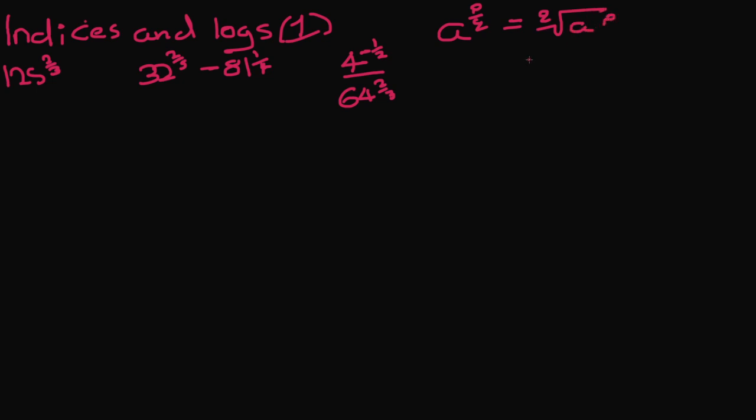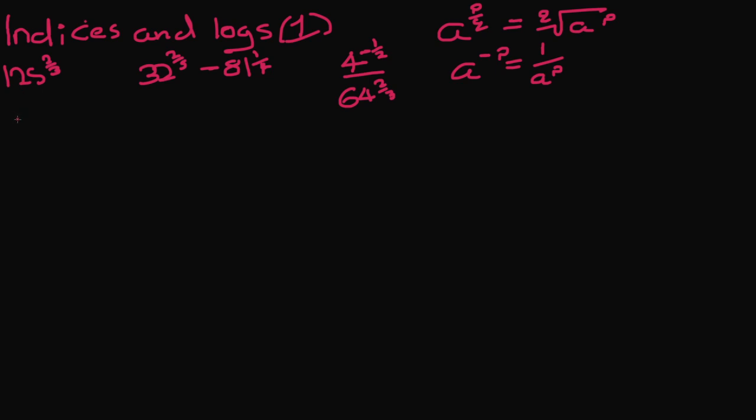So you'll see how we use this in a second. And some other rules as well. So we have a to the power of minus p. You'll see why these will be relevant in a second. A to the power of minus p is equal to 1 over a to the p.